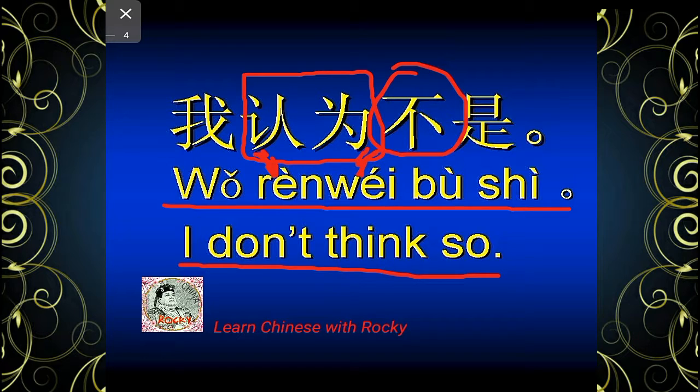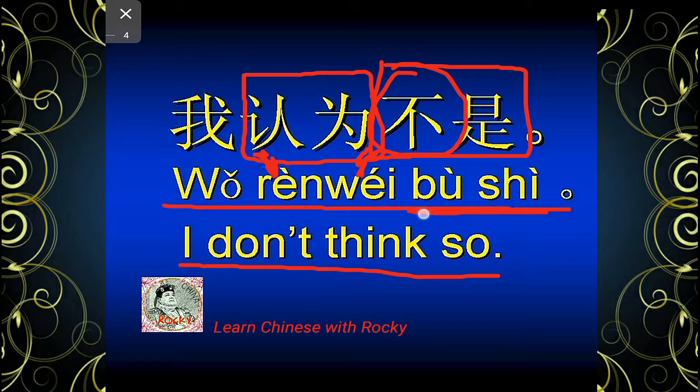Our second character, we're going to use a new way to say bu. It's combining another character, and it's bushi. Bu, as we learned earlier, and then shi. Shi is also a fourth tone character. So bushi, the fourth tone character, is a falling tone.